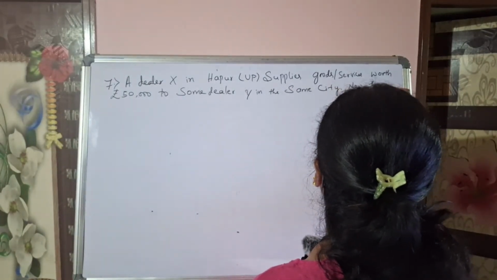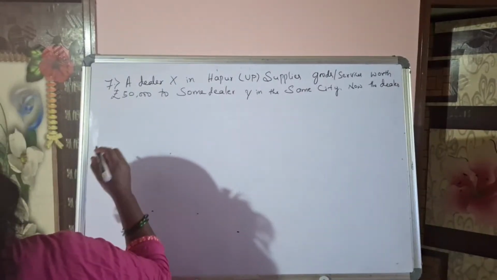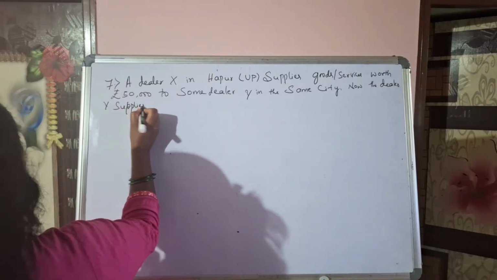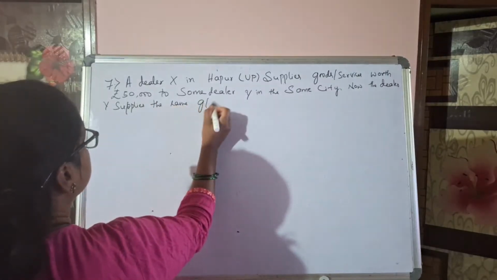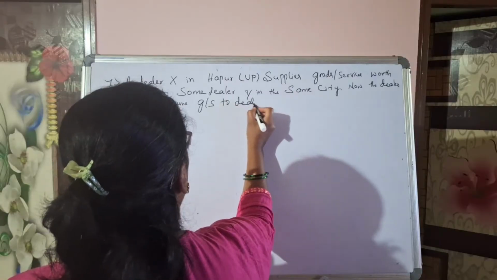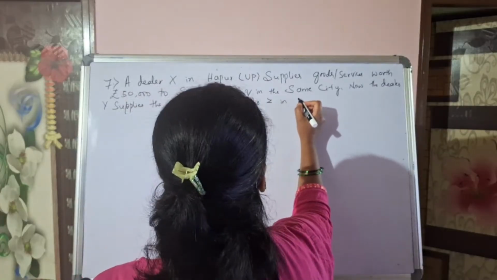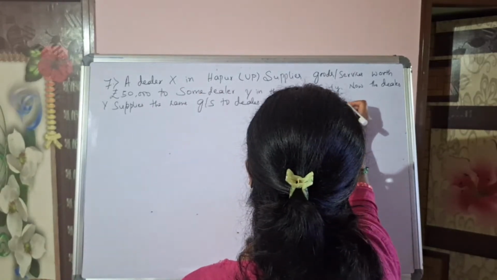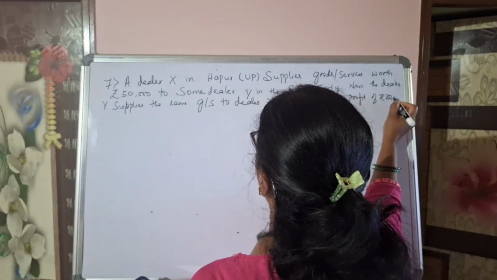Now the dealer Y supplies the same goods and services to dealer Z in Calcutta at a profit of rupees 20,000.